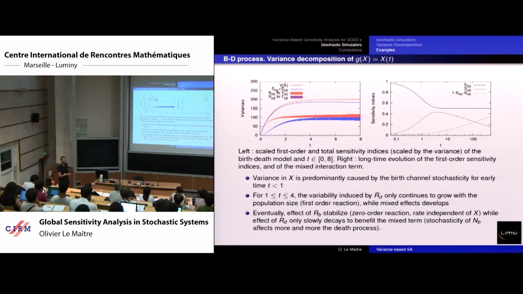Okay? Because if you don't have variability in the birth, well, nobody remains. So over a long time, you need to have variability in the birth to have some in the death. Okay, and eventually, everything will be due to the birth channel and interaction with death.